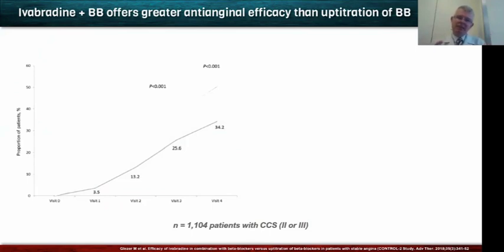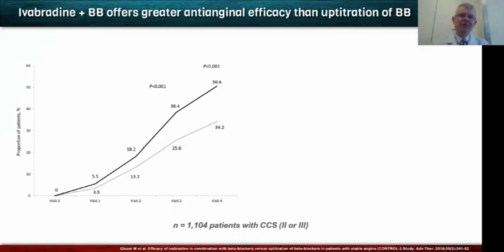There's data comparing up-titration of beta blocker with an early combination of ivabradine and beta blocker. When you look at the data for these two strategies, the gray line is the up-titration of the beta blocker, and here you see the proportion of patients who were free of angina. The dark gray or black line is the combination of a beta blocker and ivabradine.